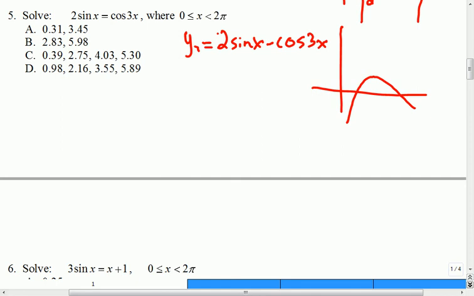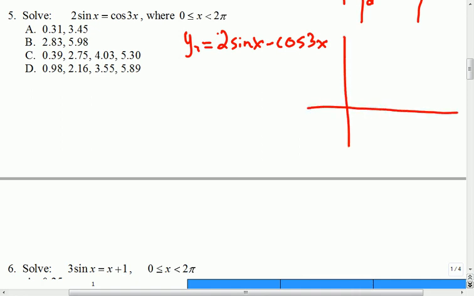Did I write this in right? Minus cosine 3x. Sorry, it's different than that. It actually looks more like this. It goes up here, down, like that. So I can see there's two answers, so it definitely isn't these ones. And I believe if we count 1, 2, 3, and a bit, that makes it, I believe, A.